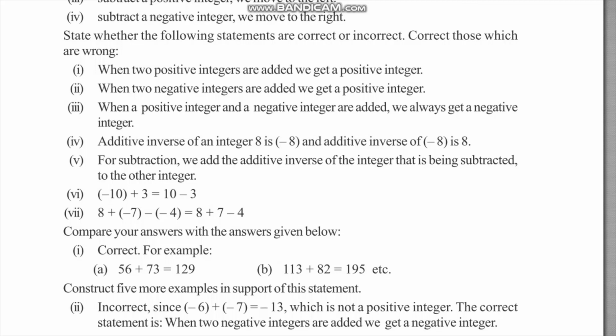Now let us take a look at the next exercise. State whether the following statements are correct or incorrect. Correct those which are wrong. When two positive integers are added, we get a positive integer. Is the statement correct or incorrect?